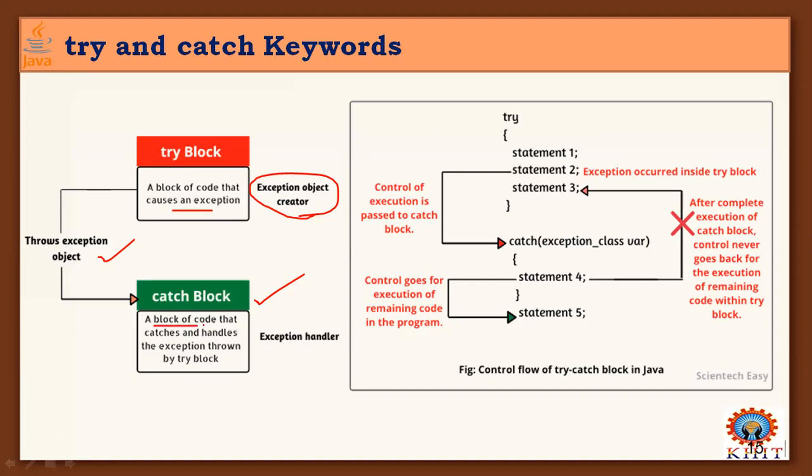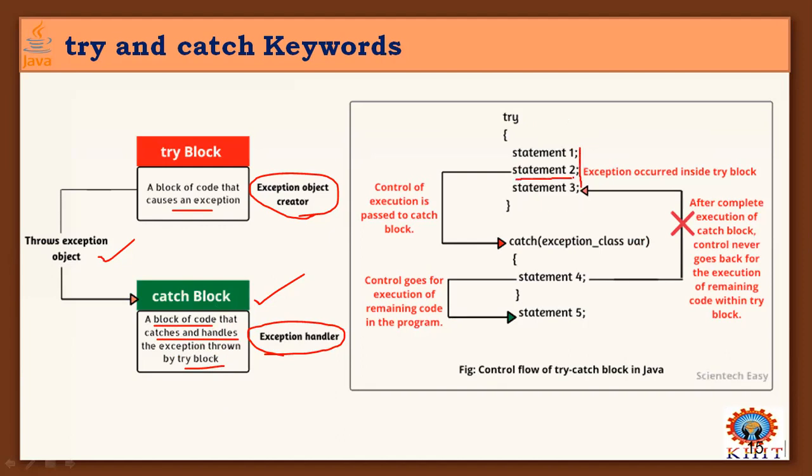This block of code that catches and handles the exception thrown by the try block, we call this the exception handler. But in this process, one important point is to be noted. Consider this try block has a sequence of statements like this.